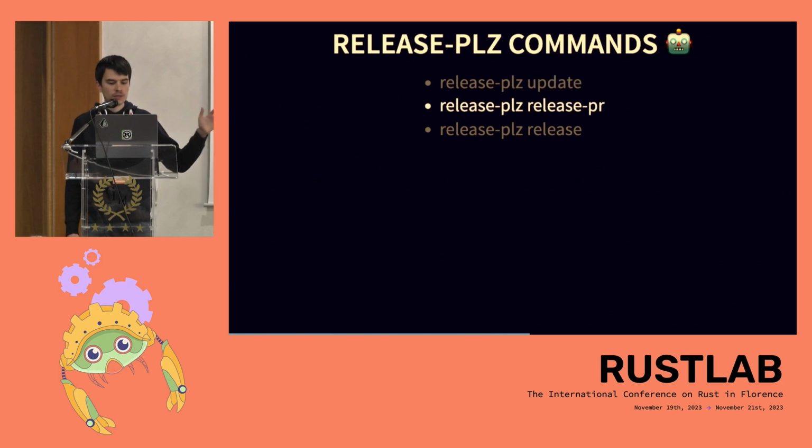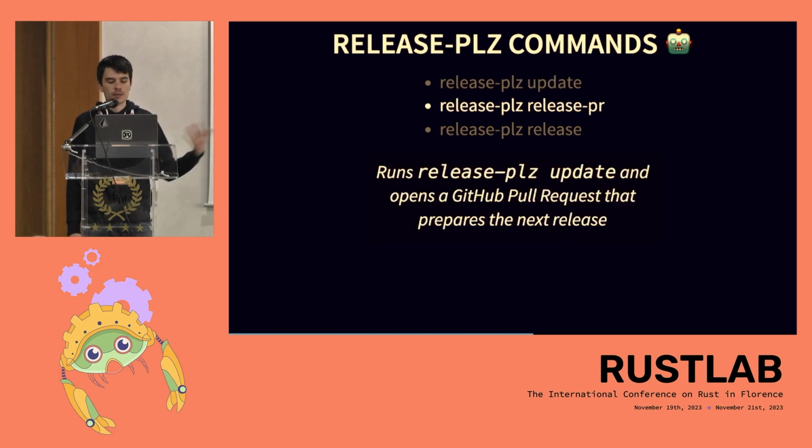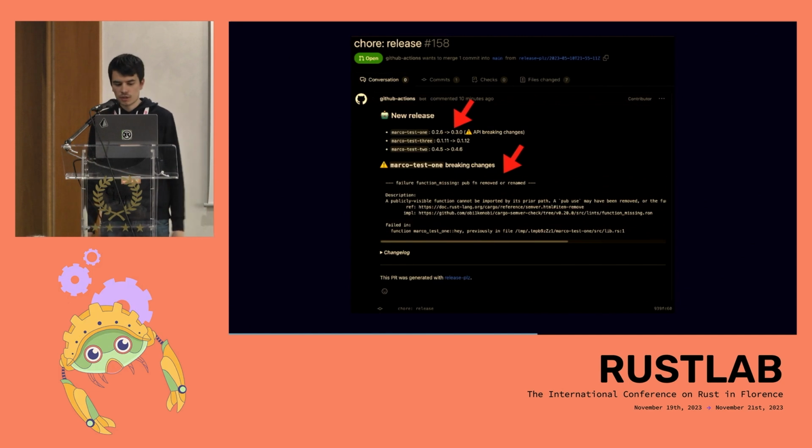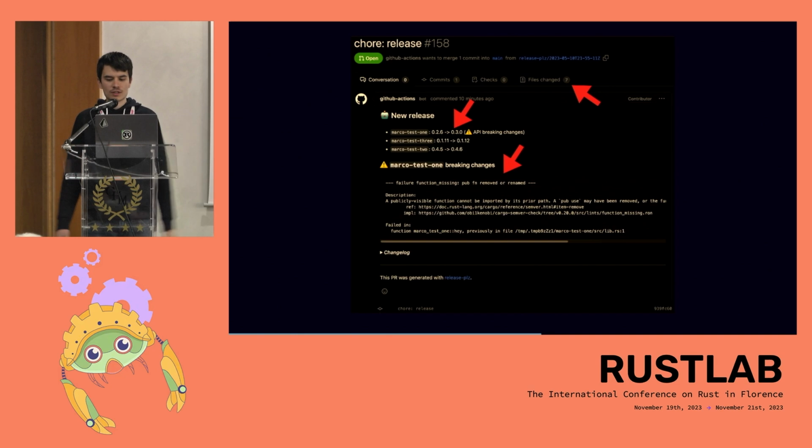Let's go to the second one, release-pr, which is very simple. It runs Release-plz update, but instead of printing to standard output, it opens a PR with the summary of the release, the breaking change report, if any, and of course it changes some files.